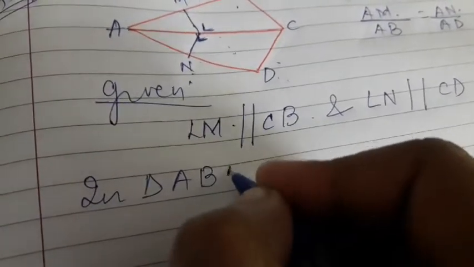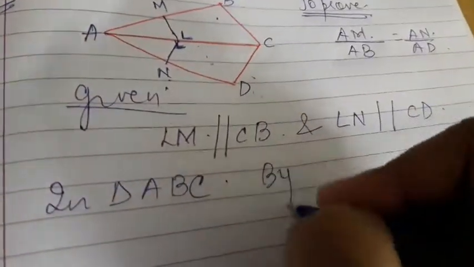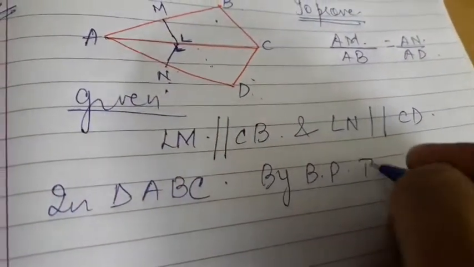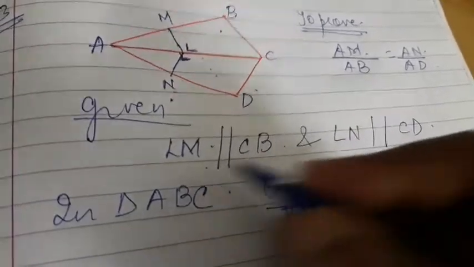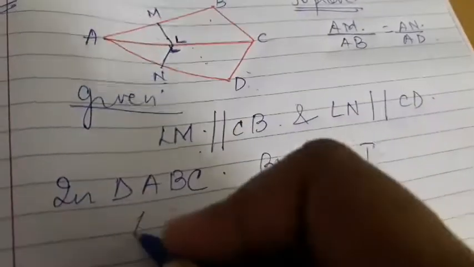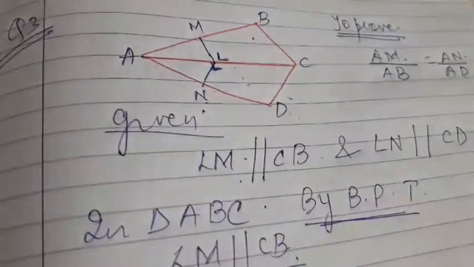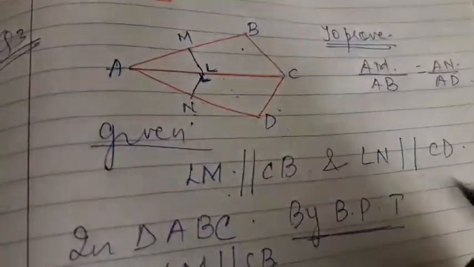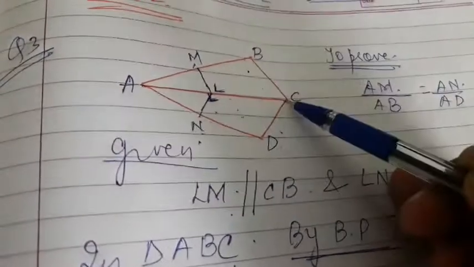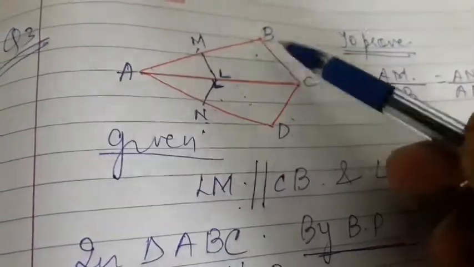Now when we look at triangle ABC, we can write by the basic proportionality theorem, because LM is parallel to CB, according to the theorem when a line is parallel to the third side, the sides are proportional.